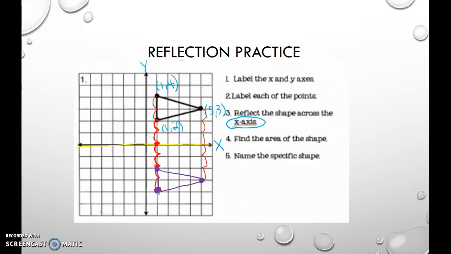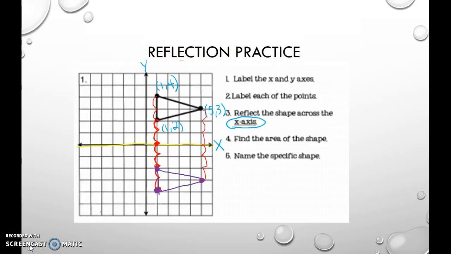So a couple things. It's not perfect, obviously, because I'm writing on this kind of crazy screen thing, but as you should be able to tell on your paper, especially if you're using a straight edge, your triangle should be exactly the same shape and size that it was before you did the transformation, okay? So that's not changing at all, just the location, and sometimes the orientation in which it's pointing may change.